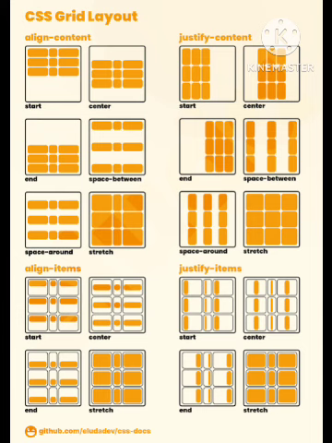For example, imagine there are 6 divs inside a container, and each div is 100 pixel, and the container is just 400 pixel. If you put it in flex and flex wrap, what will happen? The first 4 divs will be in the first row, and the next 2 will be in the second row.